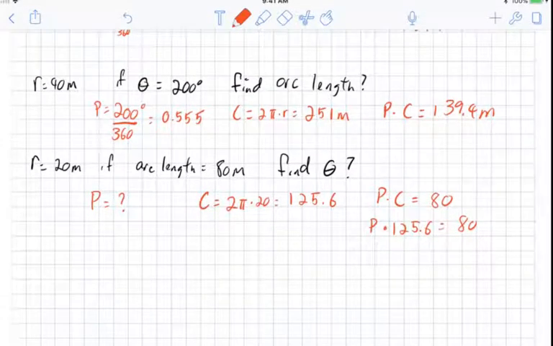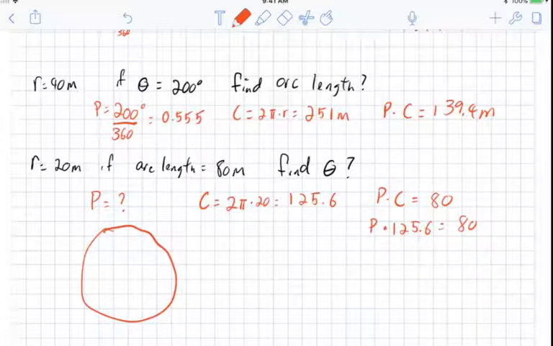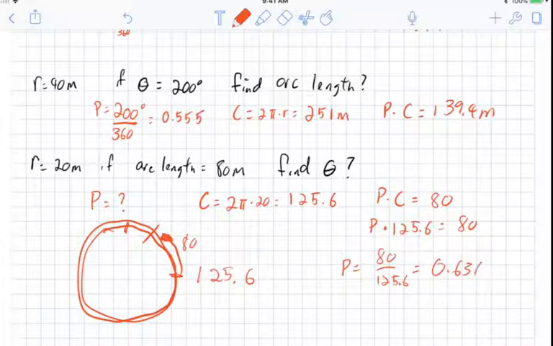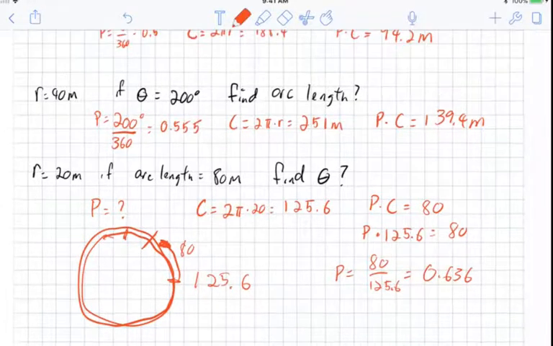You think about it as a track. I know the total distance around the track is 125.6. If I know the distance that I've traveled here, which is 80 meters, then the percentage is just 80 divided by 125.6. So that's 0.636, the percentage of the way around the track.